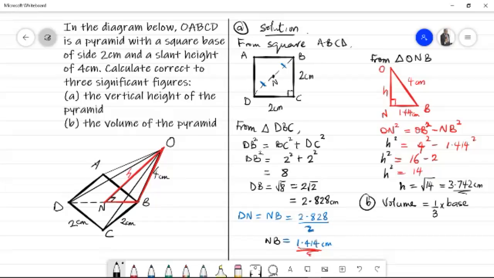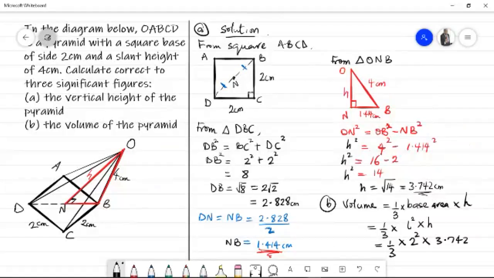So substituting, this is 1/3. The base of our pyramid is a square, so the area of the square is L squared, times height. And what is the length of the square? The length of the square is definitely 2. So that is 2 squared, multiplied by the height already calculated as 3.742 centimeters.